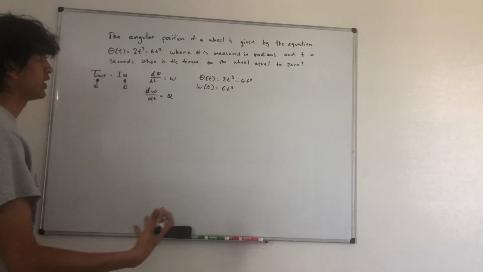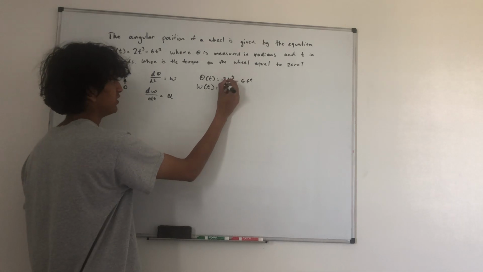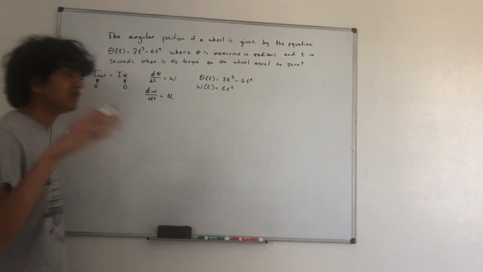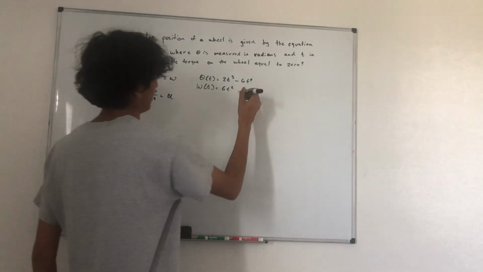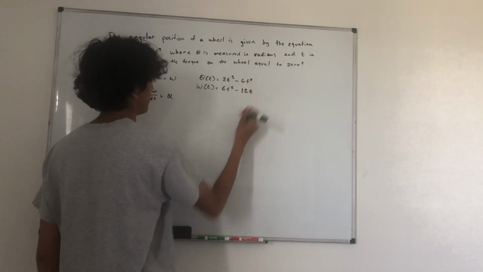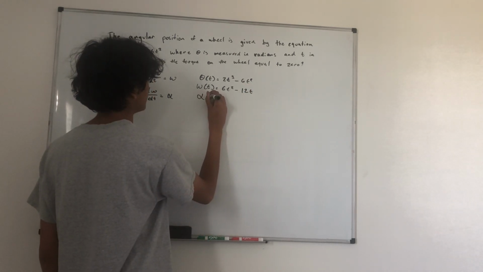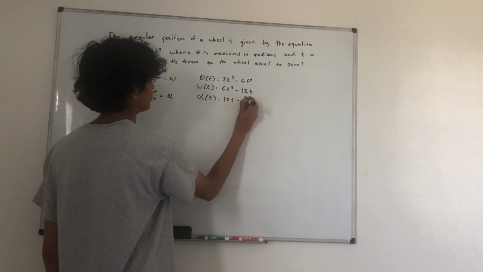If you didn't know how I got that, I multiplied 2 by 3 and then did 3 minus 1 to get 2 in the power. That just comes from the power rule, so review the calculus if you need to. And then for minus 6t squared, I get 12t. So alpha of t is going to equal 12t minus 12.